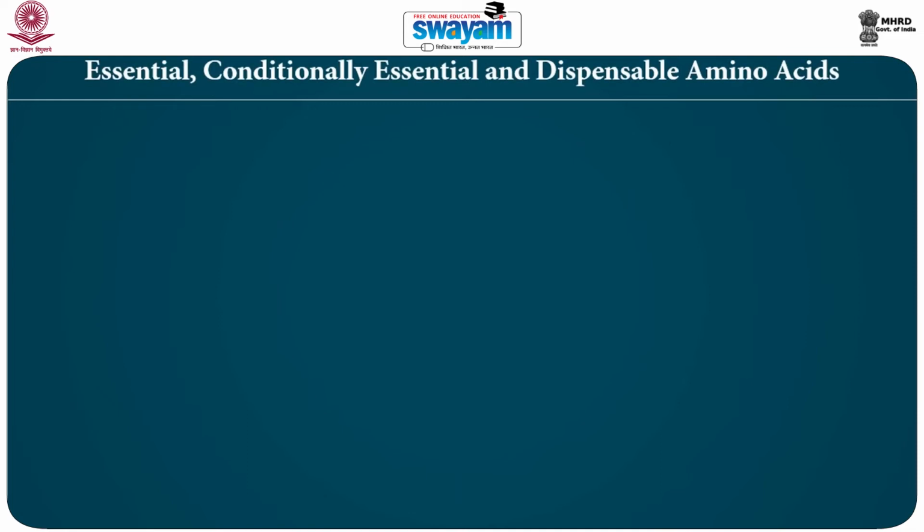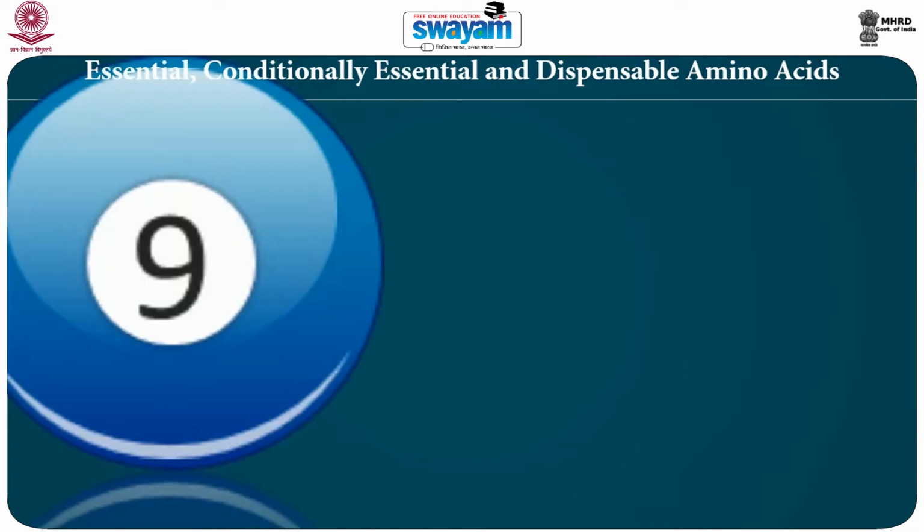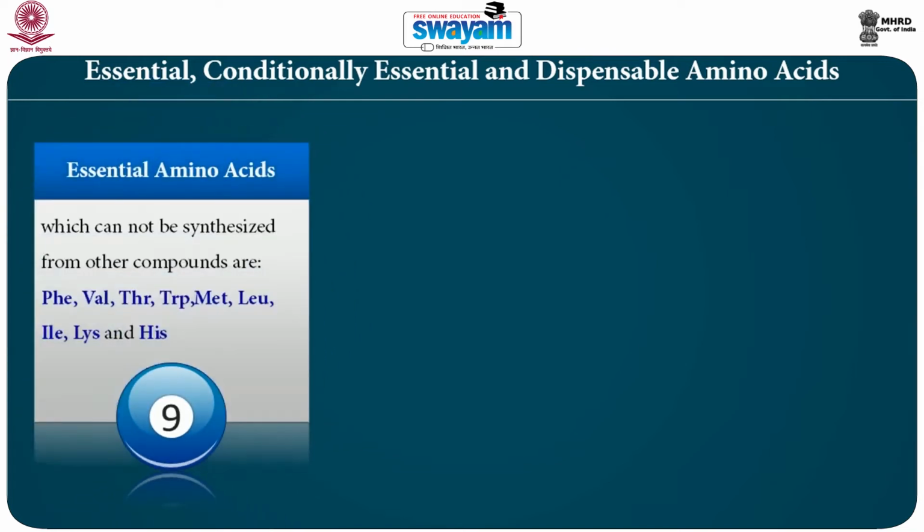Essential, conditional essential, and dispensable amino acids. 9 essential amino acids which cannot be synthesized from other compounds are Phe, Val, Thr, Trp, Met, Leu, isoleucine, lysine, and histidine.